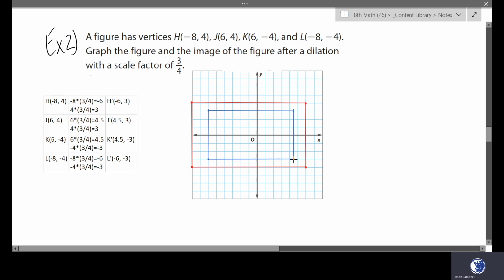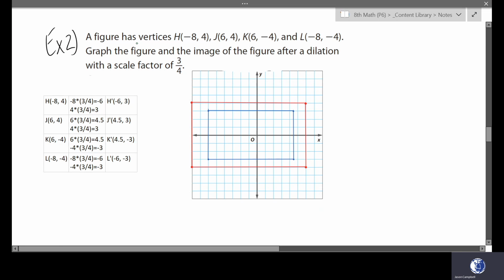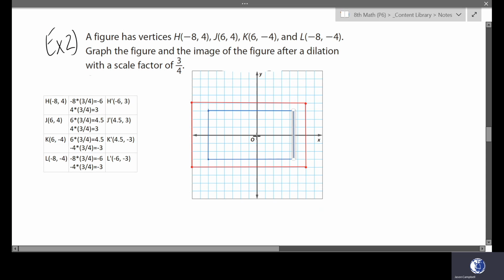And then it talked about earlier that to check our answer for a dilation about the origin, we can run lines through the origin and through our points, and if it goes through the points of our pre-image and our image, then our dilation is correct. So let's do that. We should be able to run a line from the origin through these points, and it should touch both points. It does there.